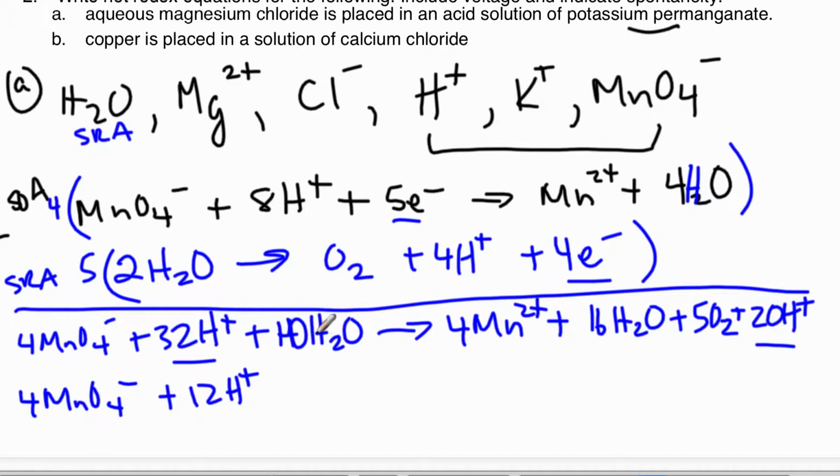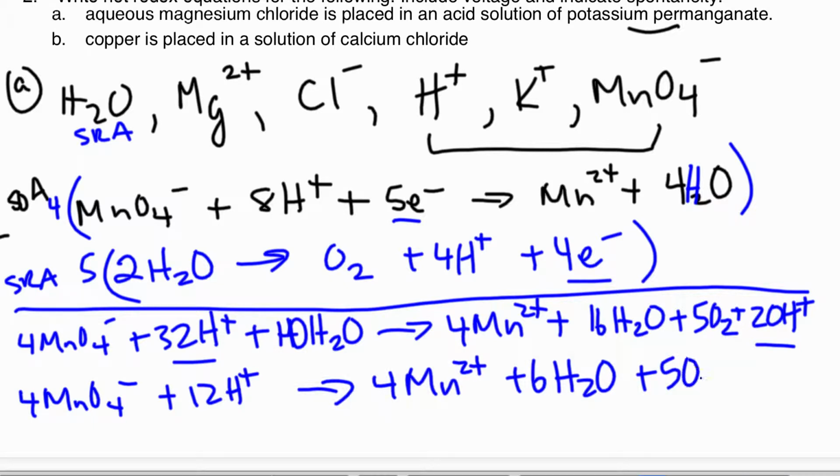How about waters? 10 waters, 16 waters. My net would have 6 waters on that side. I still have my 5 O2s, and the other ones cancel out. So that would be my net redox equation for that first one.